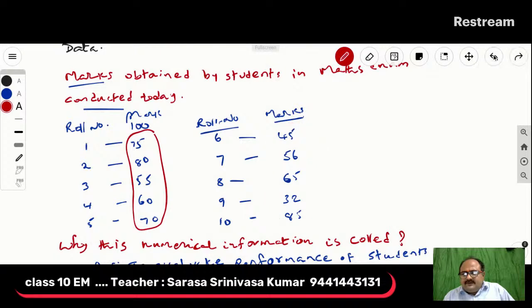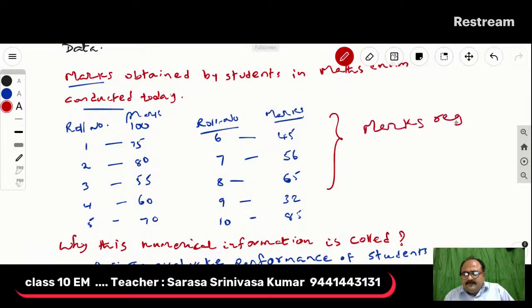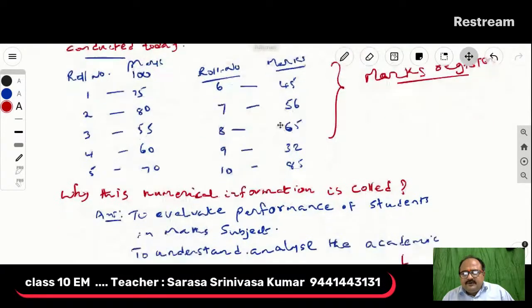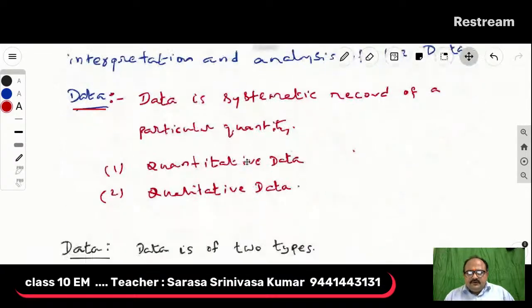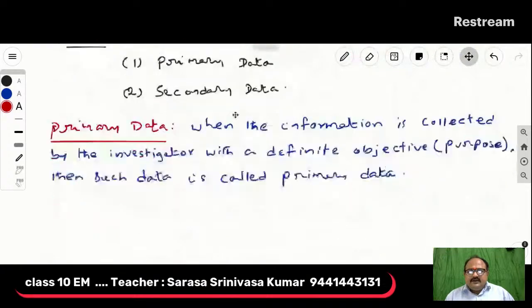So these marks are collected. I have noted down all these marks in a marks register. Then this data is called primary data for me, because I am the person who has collected the data.